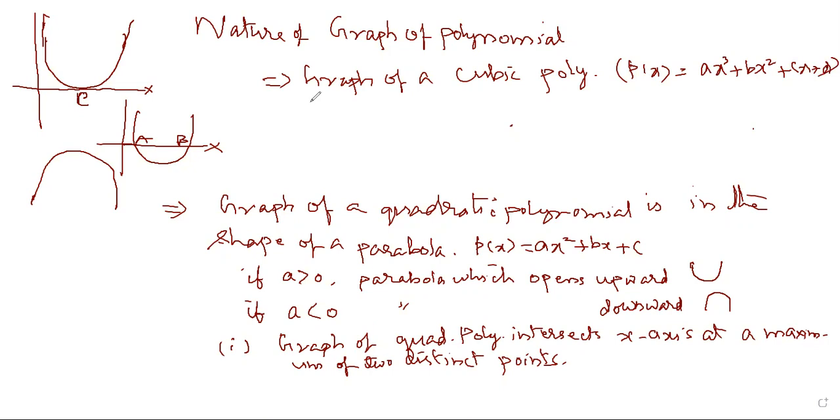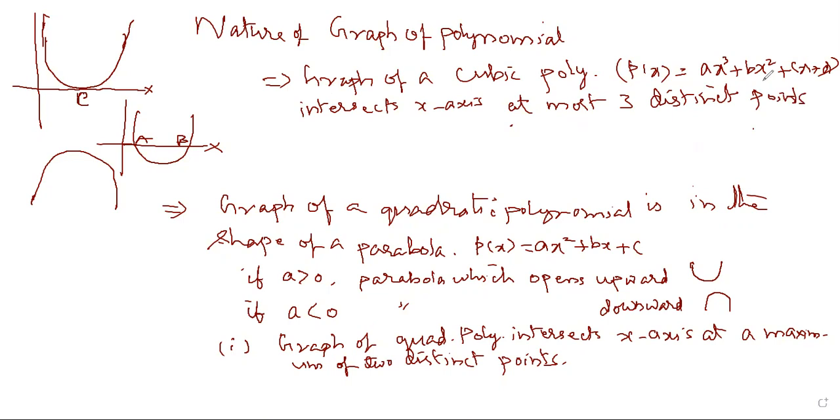The graph of a cubic polynomial intersects the x-axis at most 3 distinct points.